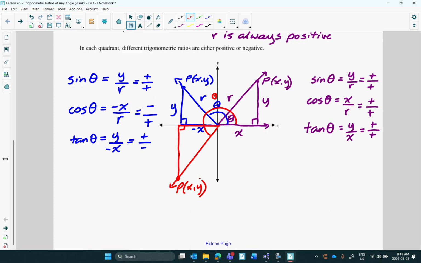What would this length be? Negative x. What would this point be? Negative y, because we're going down now. And remember, r is always positive.